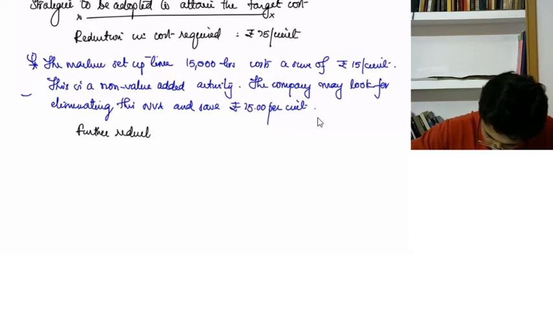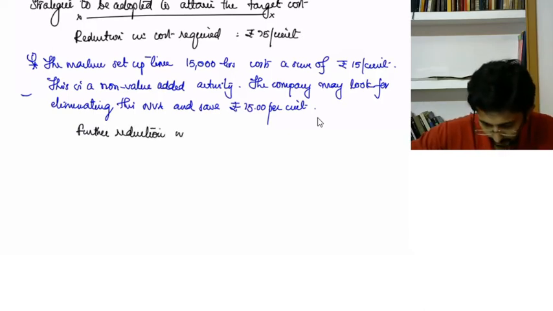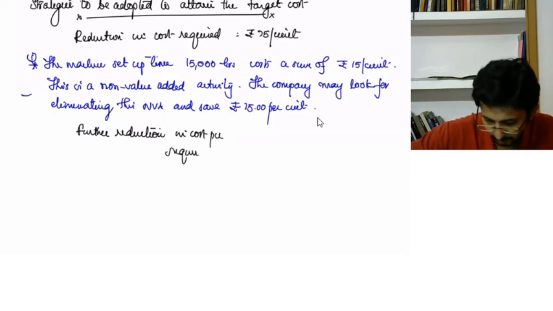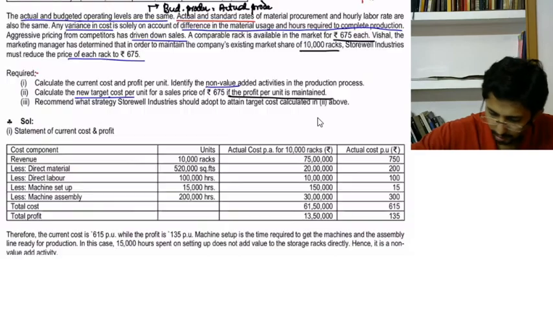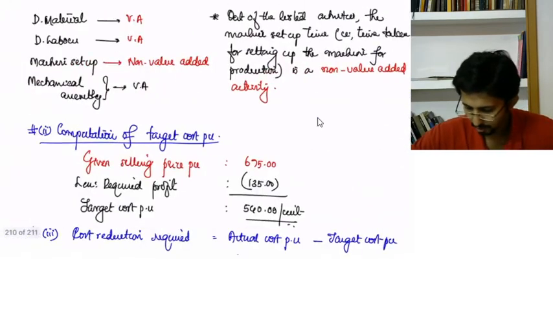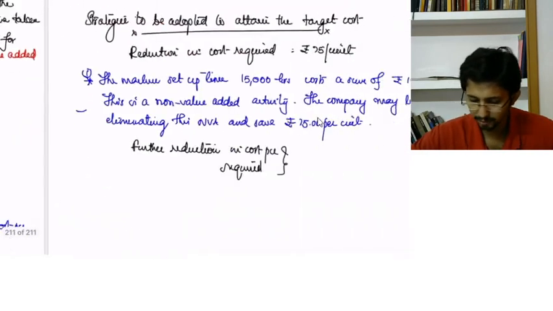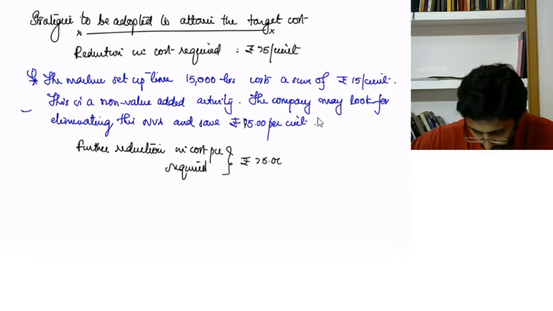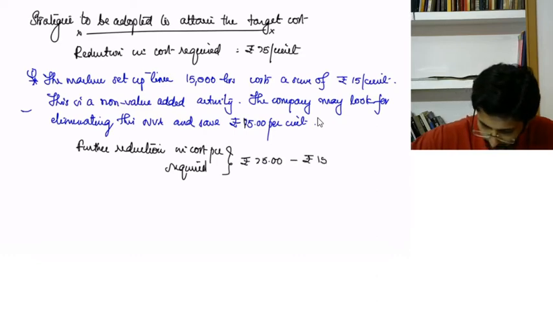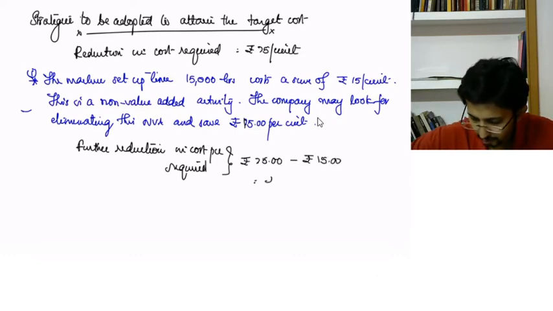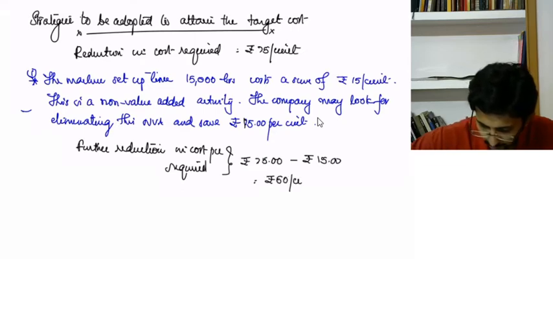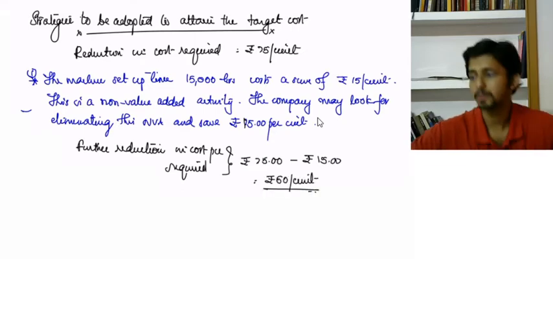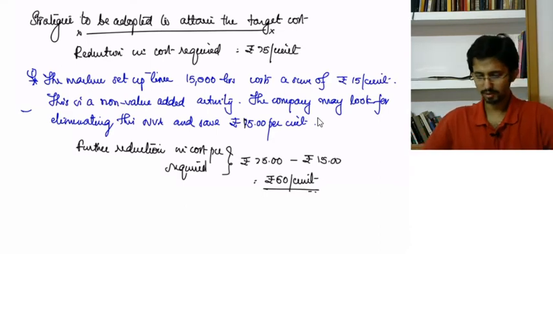Okay, so after eliminating this NVA, the further reduction in cost per unit required. Total requirement was how much? Total requirement was you have to reduce 75. Out of that 15 is reduced. So 75 minus 15, let me give you rupees 60 per unit. Okay, 60 per unit.